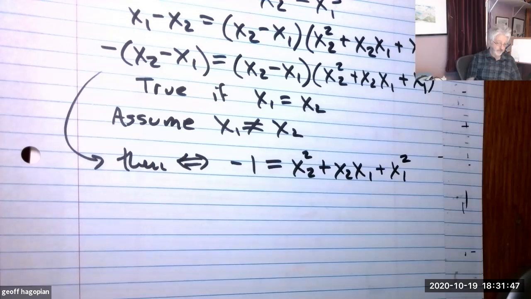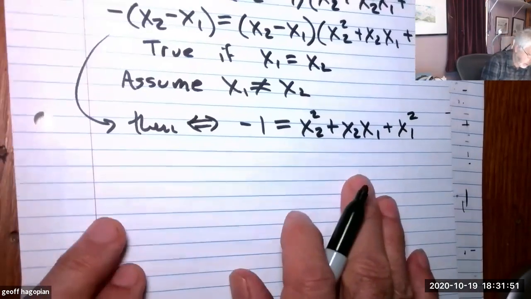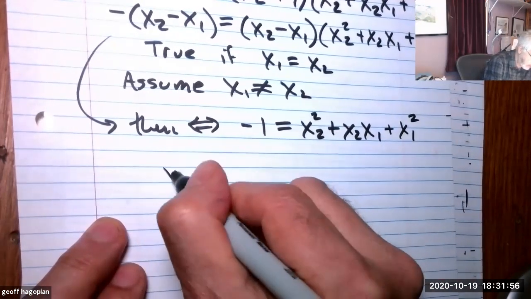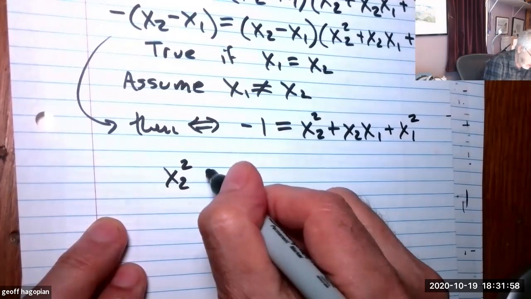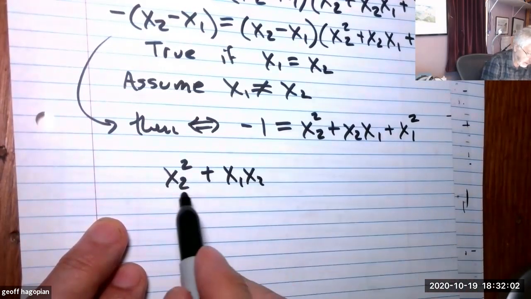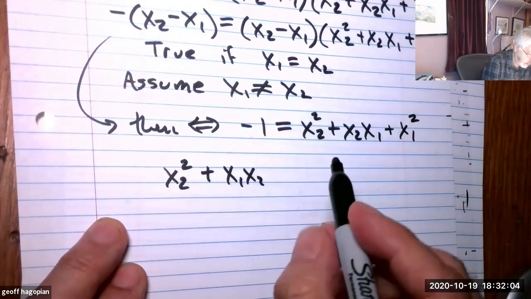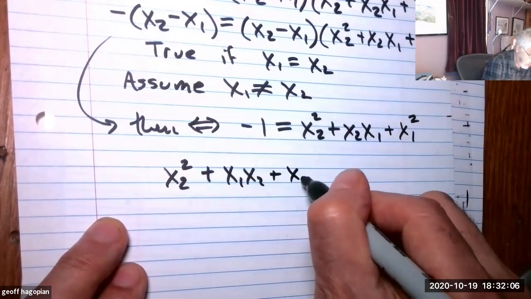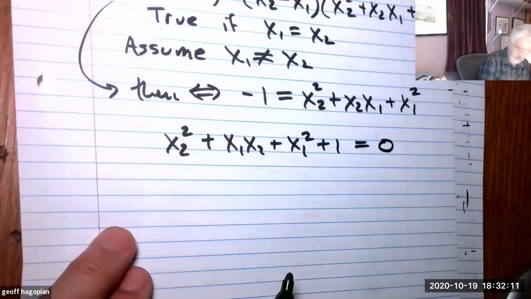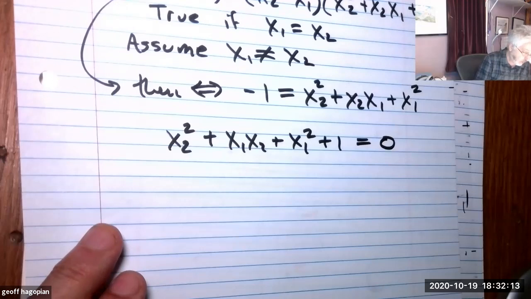All right. So I'm going to rewrite this with 0 on one side. Just add 1 to both sides and reverse the sides, okay? So x2 squared plus x1 x2. I'm kind of reversing these factors because I want to think of this as quadratic in x2, okay? So you could plug into the quadratic formula.